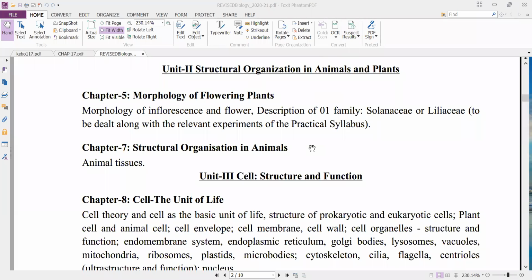Okay, only animal tissues is there. Types of earthworm, cockroach, and frog is not there in the syllabus. Only animal tissues is there in the syllabus.